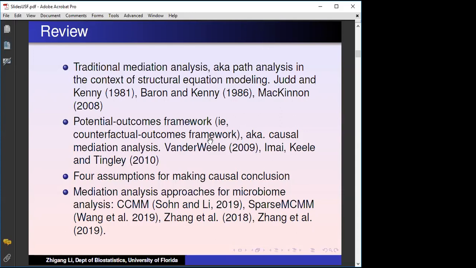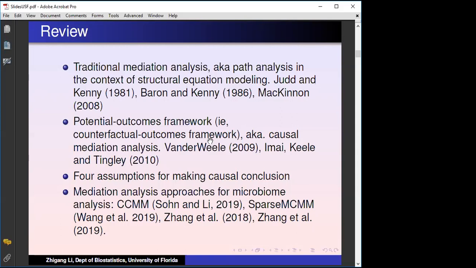In that setting, the true causal effect should be the difference between the outcome of the patient taking the treatment and the outcome of the same patient taking the control, right? But a single patient cannot take the treatment and not take the treatment at the same time.